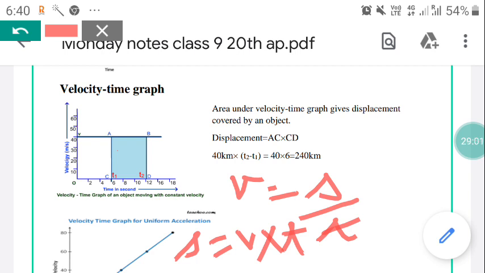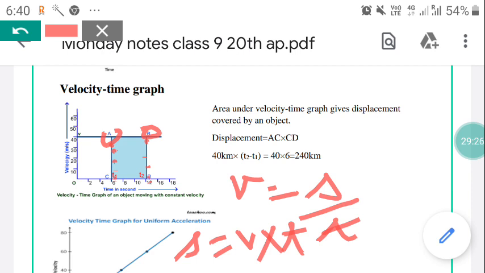Here take these points A and B. How do we calculate slope? We take two points on the graph. We draw parallel lines from them. So we will draw a parallel line on the x-axis, or we draw a perpendicular on the x-axis. On the y-axis we cannot draw because it's a straight line parallel to the x-axis.